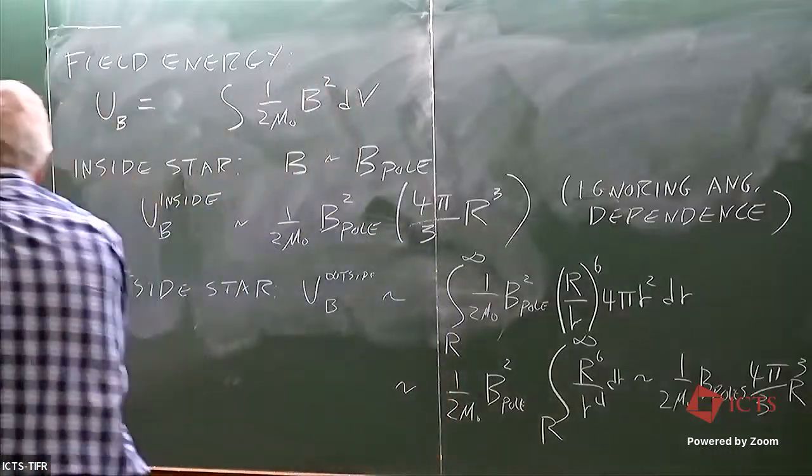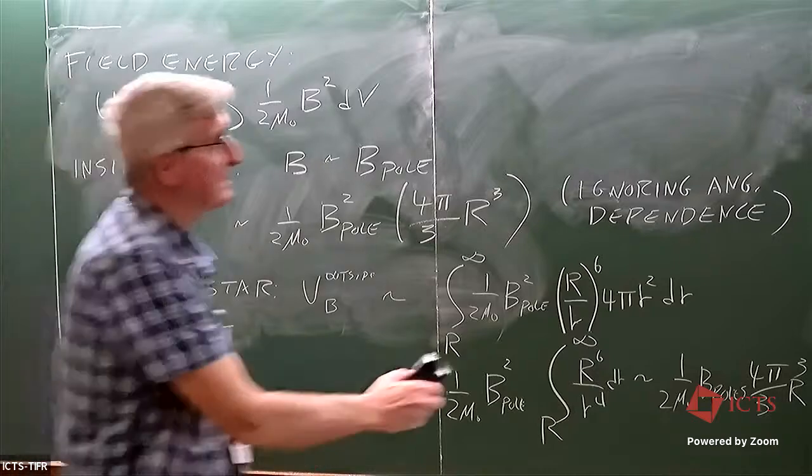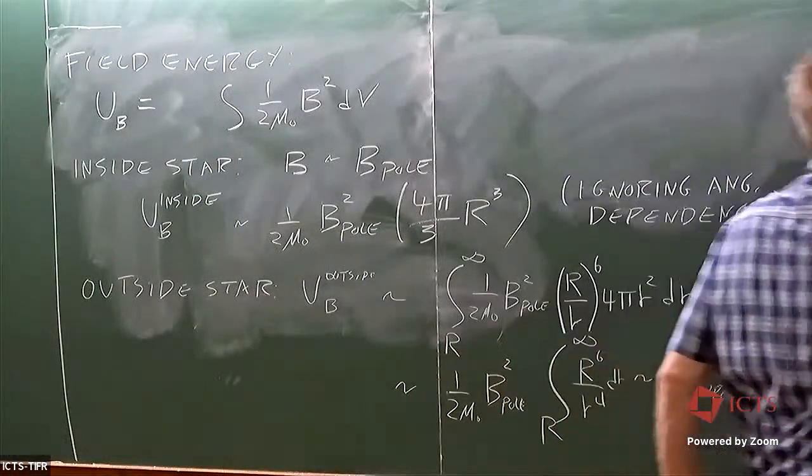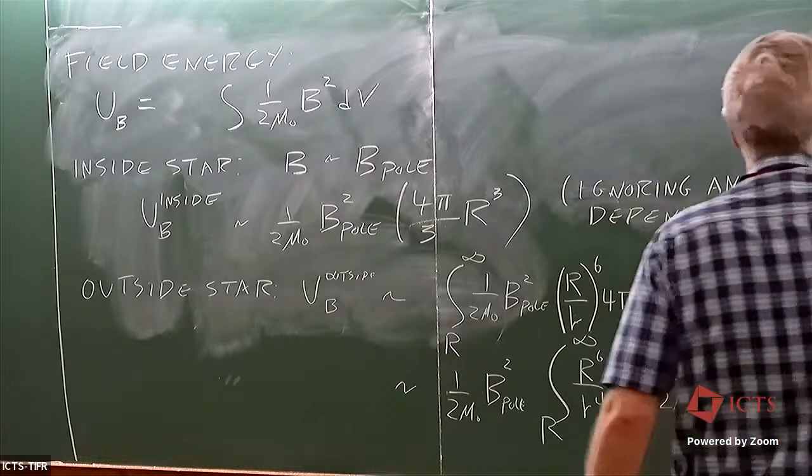So we end up with pretty much the same result inside and outside of the star for that contribution. Again, this isn't quite right, but it suggests that if we do it more rigorously, we're still going to get something in the same ballpark, which you should find.